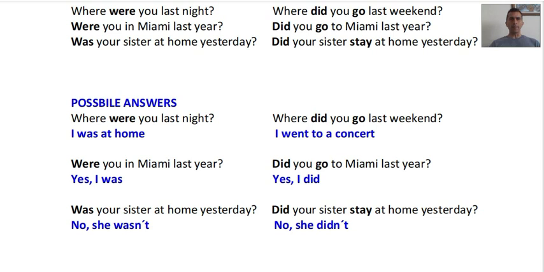Entonces mira, otra diferencia allí, que cuando preguntamos a la izquierda con el verbo ser o estar en pasado, were you in Miami last year? Contestamos, yes, I was. Seguimos con el verbo be en pasado. Cuando preguntamos con did you, las respuestas sí o no, did you go to Miami last year? Mira la respuesta, ahí está el auxiliar, yes, I did, or no, I didn't.